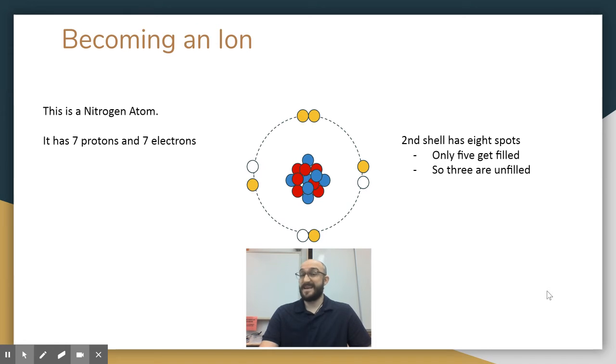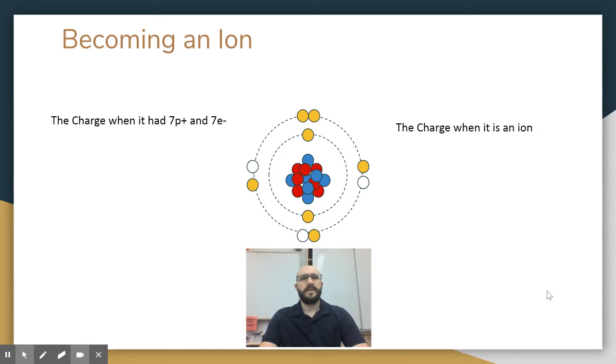But the second shell has 8 spots, remember, which means it has 3 that are unfilled. Okay, so what is it going to do? It wants to be stable. It wants to have a full valence shell. So is it going to do it by losing the 5 it has, or just by gaining 3 more? It's going to do whichever is easiest.